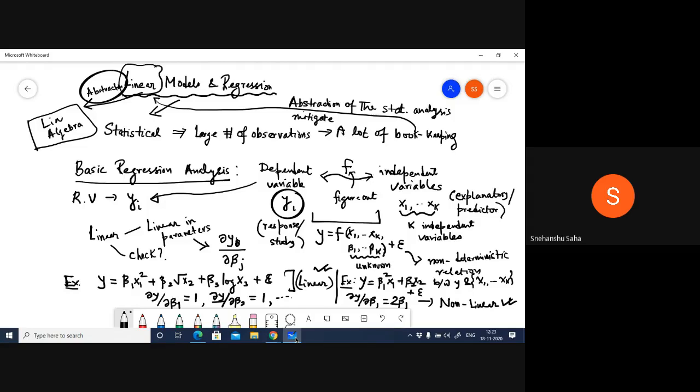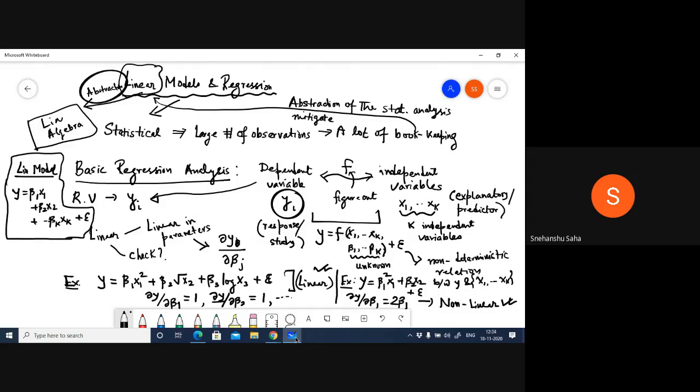So a general form of a linear model is like this: y equals beta 1 x1 plus beta 2 x2 and so on up to beta k xk plus epsilon.